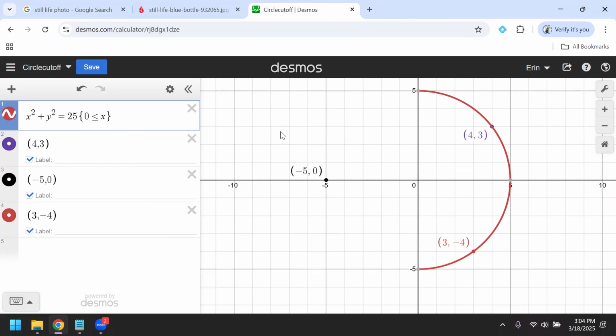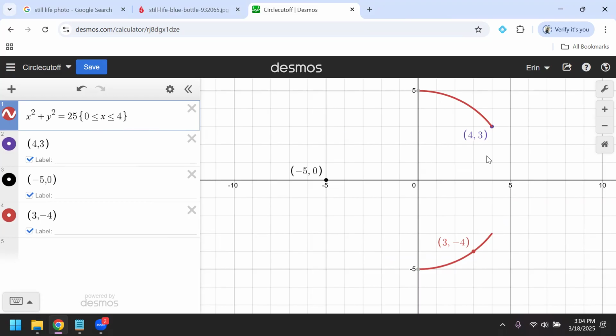In fact, I can even put a second inequality. Let's try this. Less than or equal to 4. Now, a little chunk of the right part of the circle is missing too, because this is saying draw this circle as normal, but only include the points where x is bigger than 0 and less than or equal to 4.